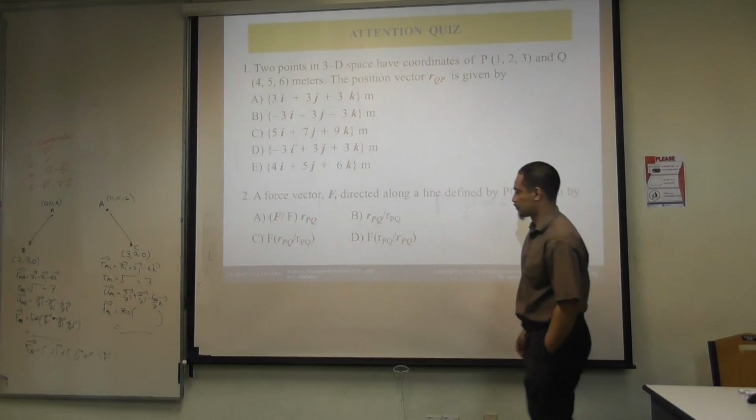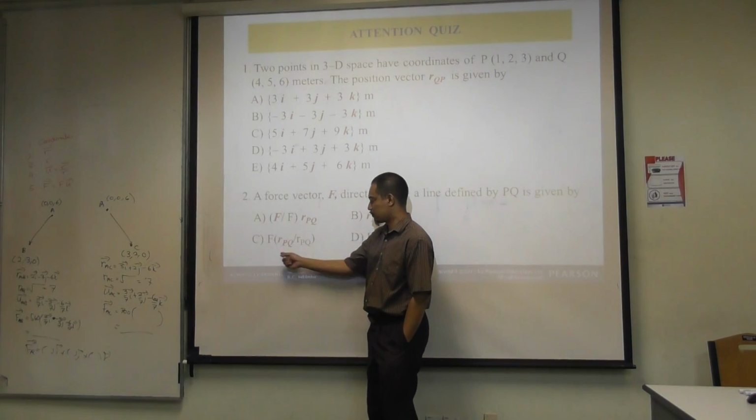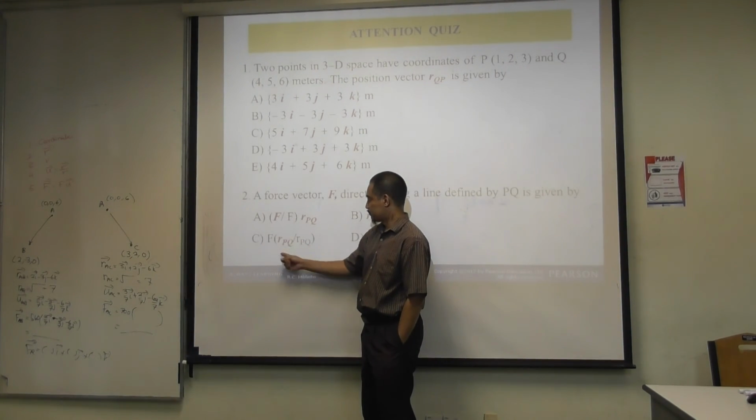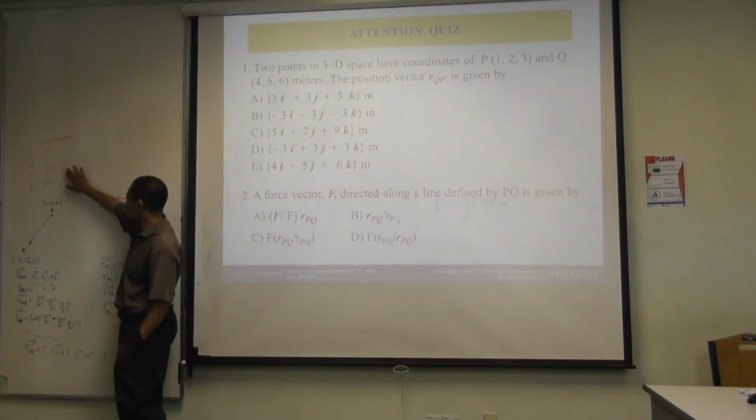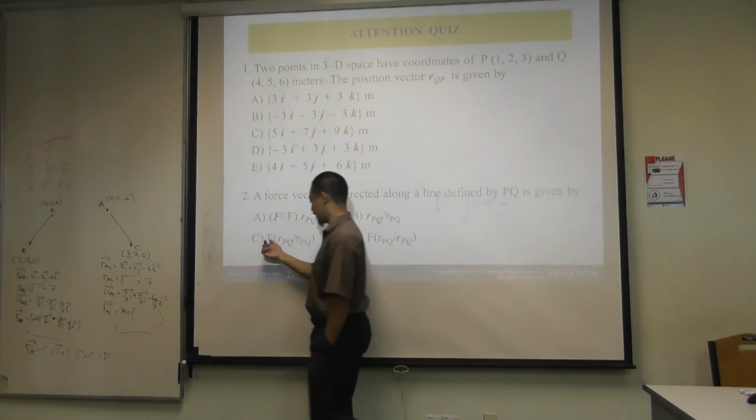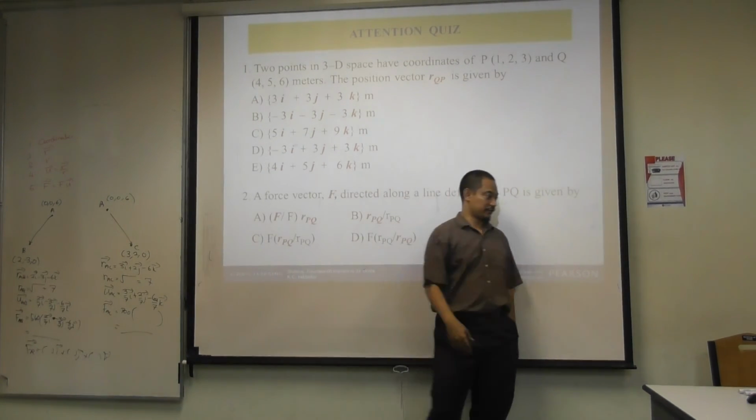Why? What is this actually? This becomes the unit vector, right? Where we split this one, right? And you multiply by F, you get vector F.